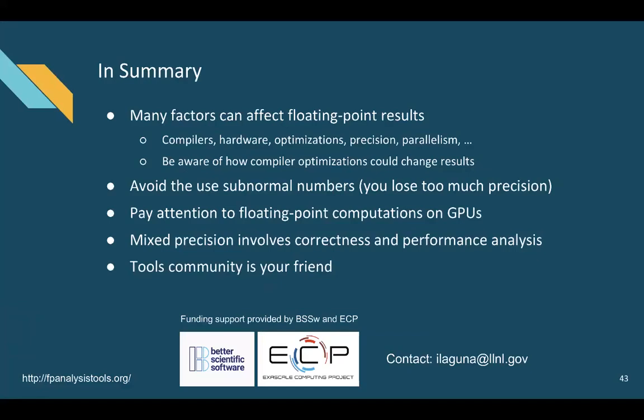So we're working on supporting other programming models. In the tutorial, we do have tools that support OpenMP and MPI. So for example, we have REMP, a tool that allows you to control the non-determinism in MPI.